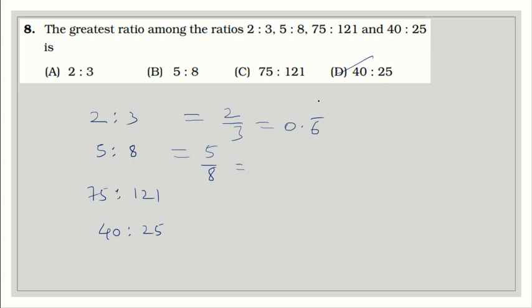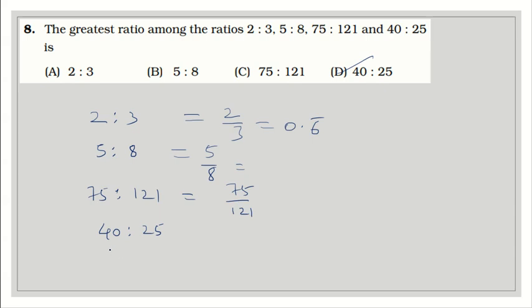Why? Because the first 3 ratios are proper fractions. They must be less than 1.